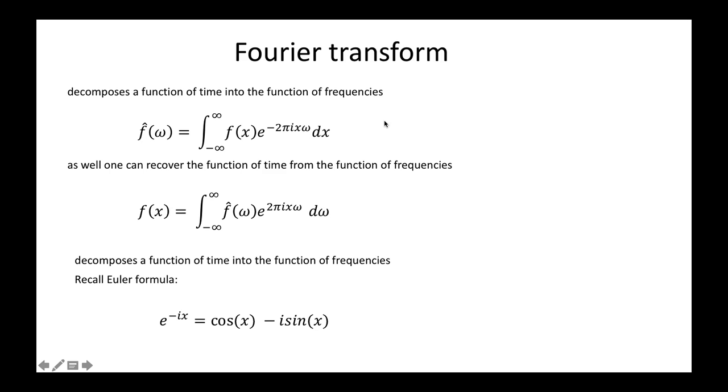It is very helpful in image compression, in any data compression, and any signal compression, because we can also recover our function of time from the function of frequencies. It's also something like decomposing a function into the basis of cosines and sines. We call it the Euler formula.